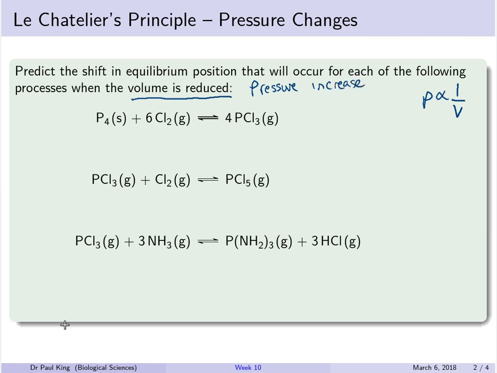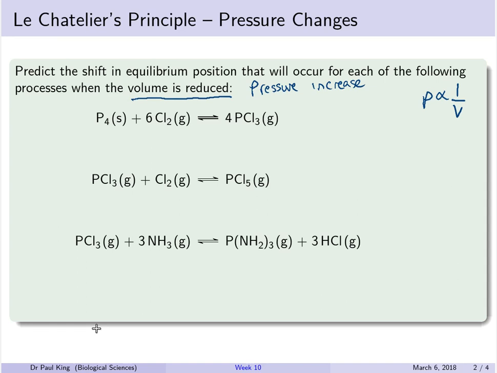Okay, now if pressure increases, according to Le Chatelier's principle, a system at equilibrium will try to re-establish equilibrium once a constraint is applied to it by opposing that constraint. And so if we increase the pressure, the system is going to try to re-establish equilibrium by reducing the pressure.